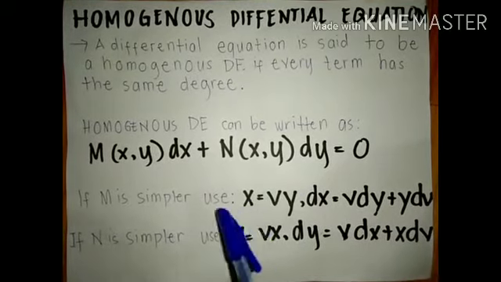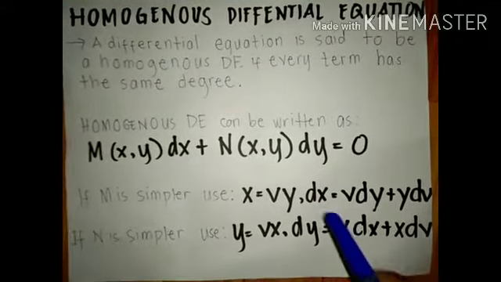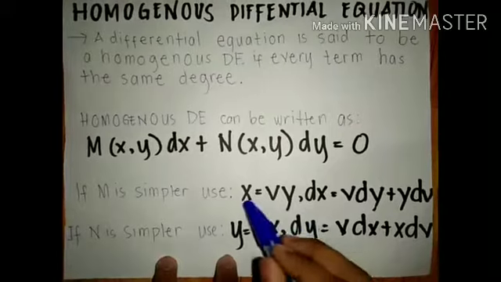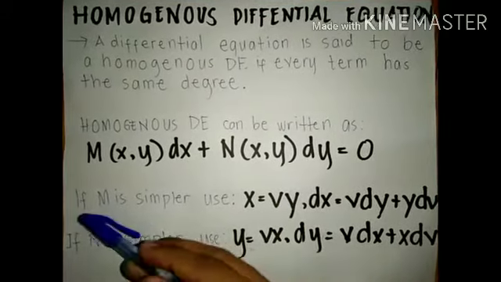Here dx is simply the derivative of x equals vy, if M is simpler.